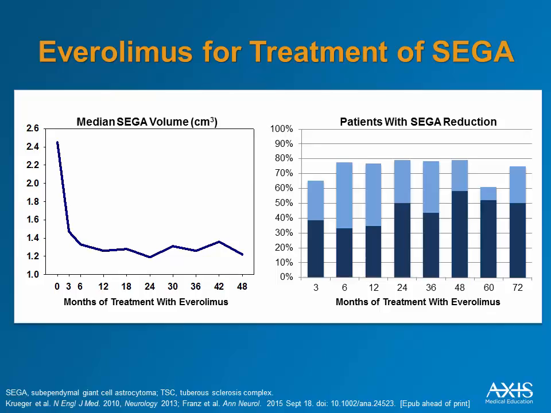This is the absolute change in volume on the left, and you see within 3 to 6 months most of the response that's going to be achieved is evident. It doesn't mean to say that all the response is evident, and we certainly do see patients, and you see here that even from 6 months to 48 months, there are some patients that will continue to show a modest further decrease in SEGA volume with treatment.